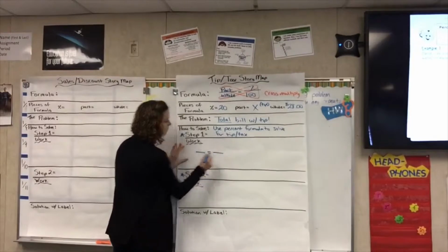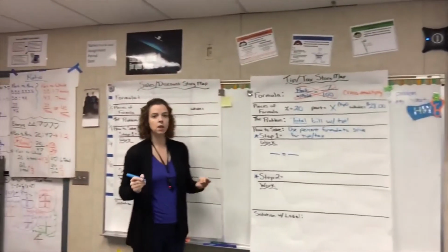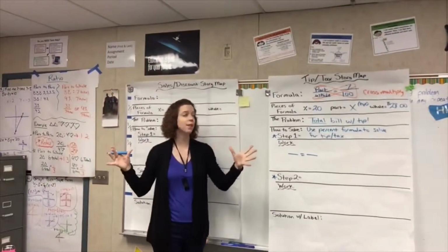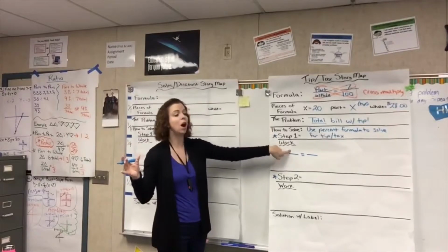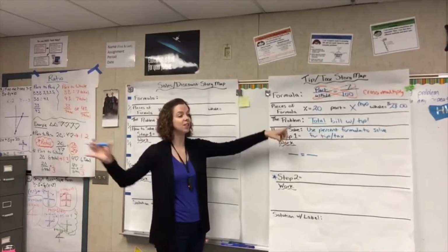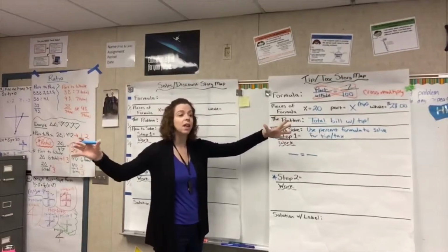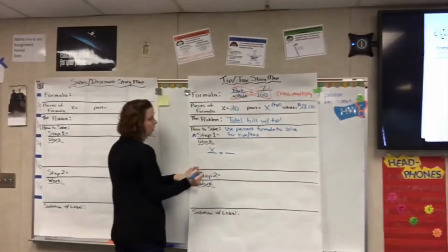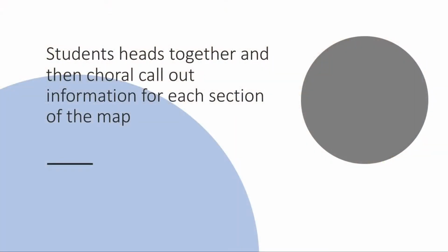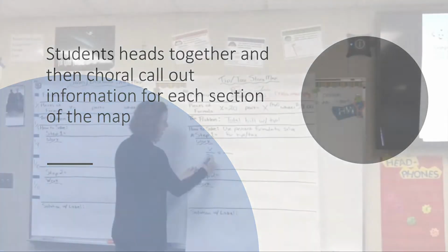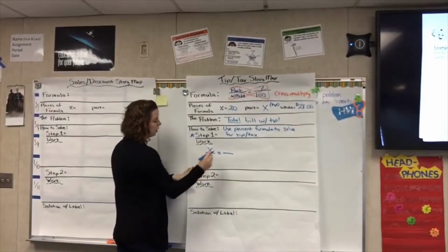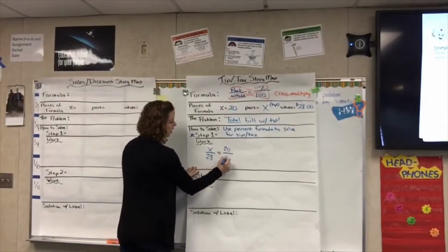Okay, so we are plugging in our proportions. So we're going to say together, what is the part? X. Okay, what's the whole? 28. Nice. What is the part or percent? 20 over 100.